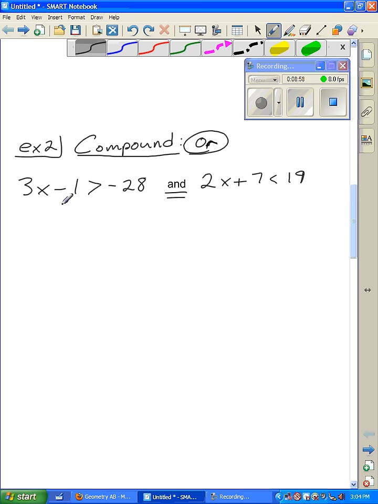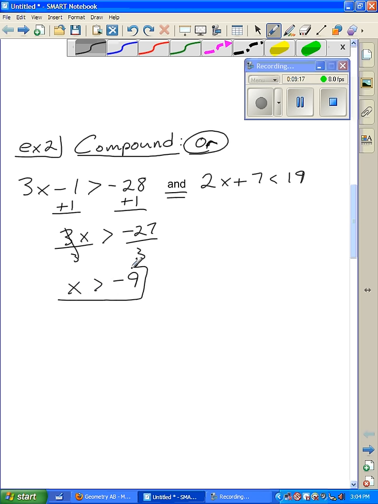We're going to add 1 to both sides, and we're going to solve the inequality on the left first. You get 3x greater than negative 27 divided by 3. Divide by 3, and x is greater than negative 9. There's one of my solutions to my compound inequality with and.